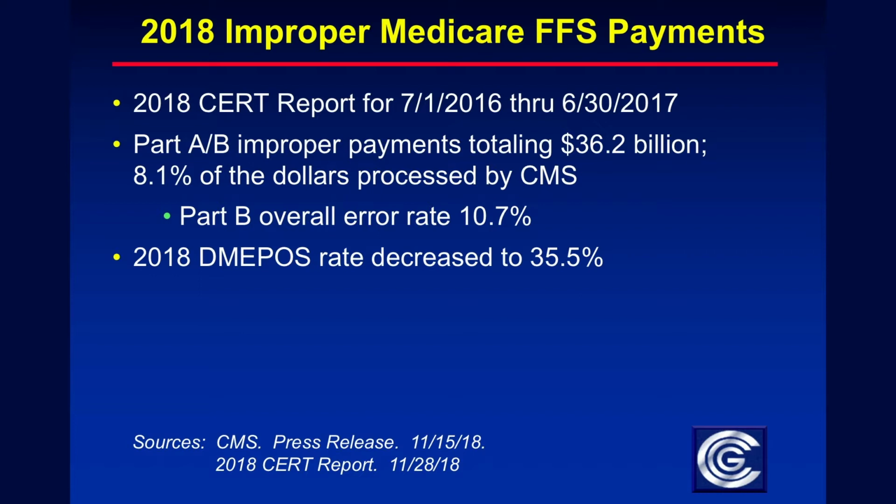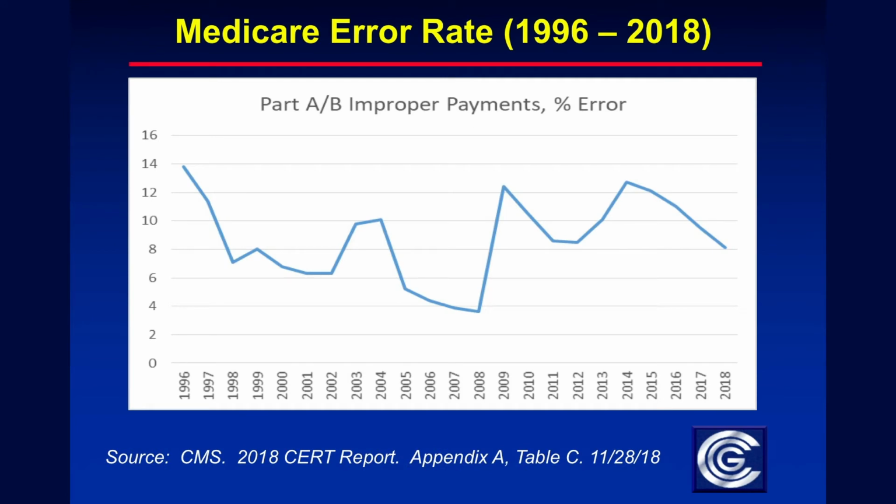For Part A and B combined, almost $500 billion, there were improper payments of $36.2 billion, or 8.1% of total paid claims. For Part B alone, there was an error rate of 10.7%, and the error rate for DME POS decreased to 35.5%. This graph shows how the error rate changes over time.